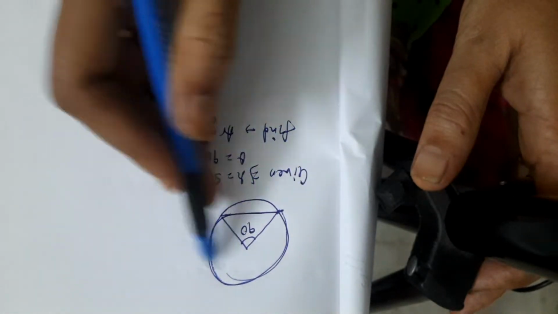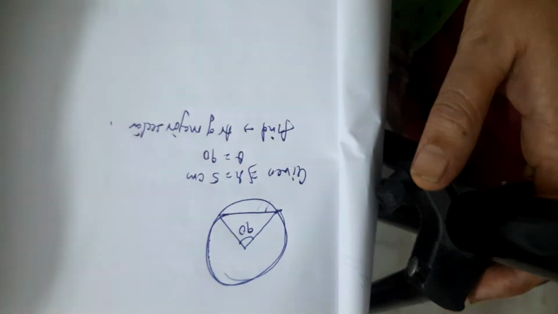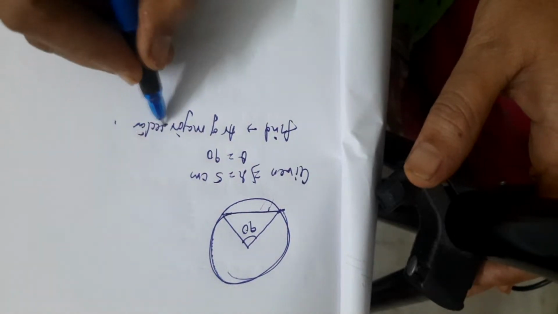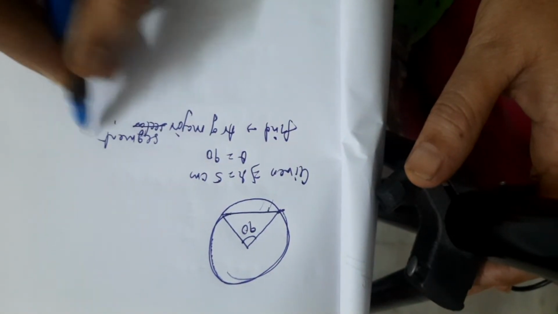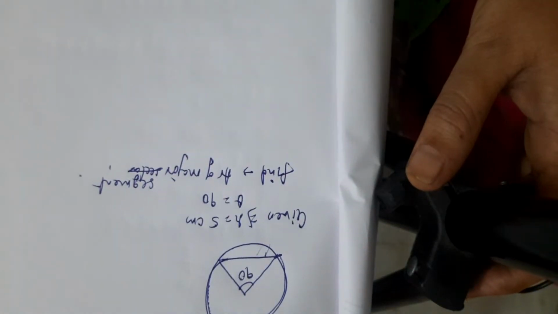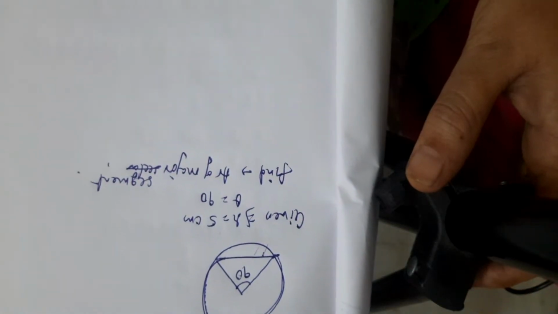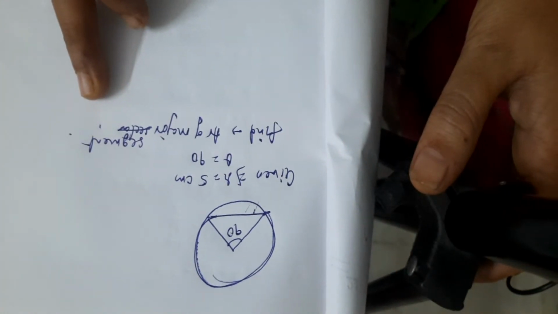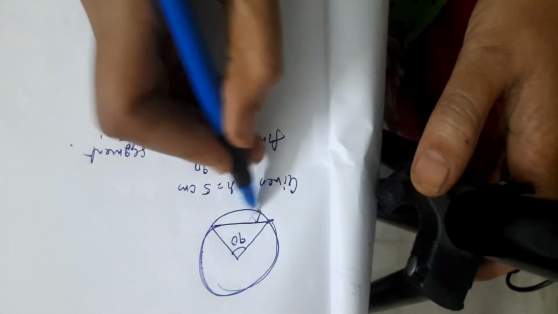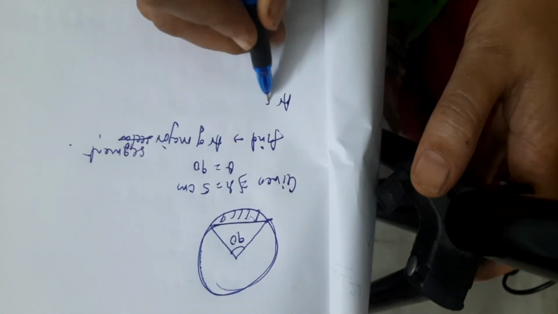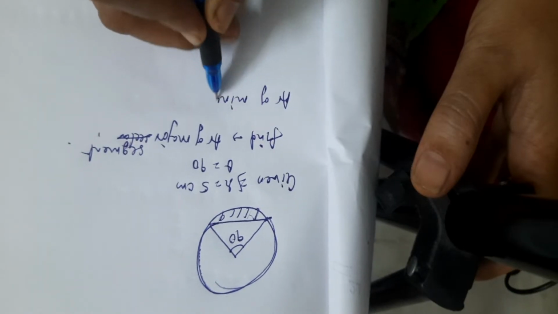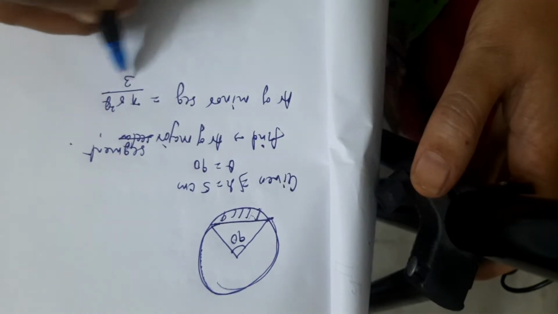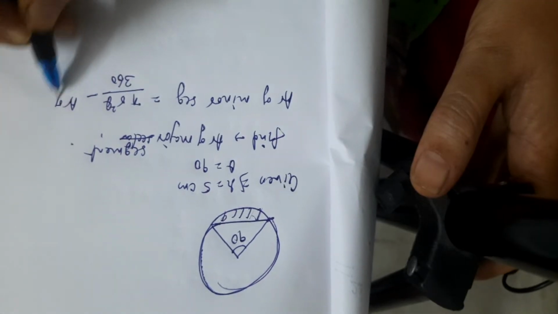So how can we calculate the area of the major segment? Out of the circle, we need to calculate the area of the major segment. To calculate the major segment, we need to subtract the minor segment. The area of segment formula is area of sector minus area of triangle. So first we'll calculate the minor segment. Area of minor segment is pi r square theta upon 360 minus area of triangle.